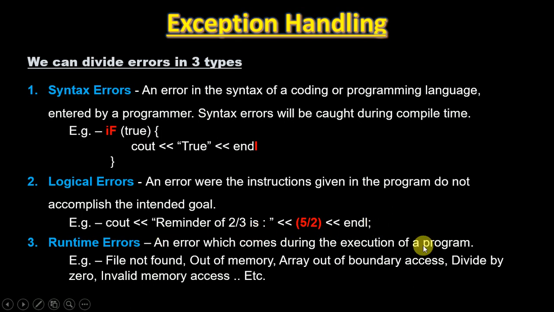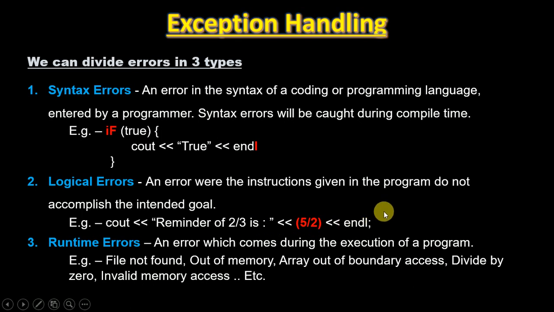The proper syntax is followed, but my program is not giving the correct value. I want the remainder of 2 by 3, but I am not getting it because there is a logical error. I'm expecting the remainder, but I am doing a 5 by 2 division operation. Such types of errors are logical errors.